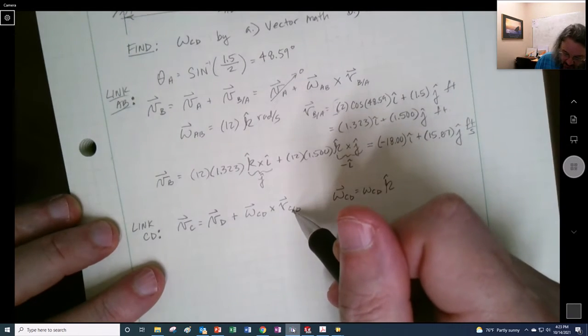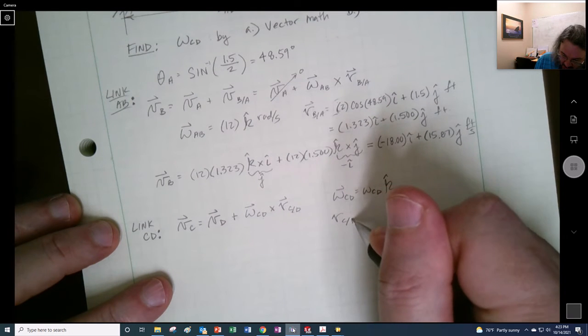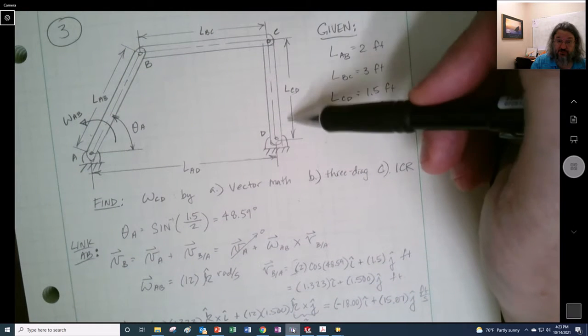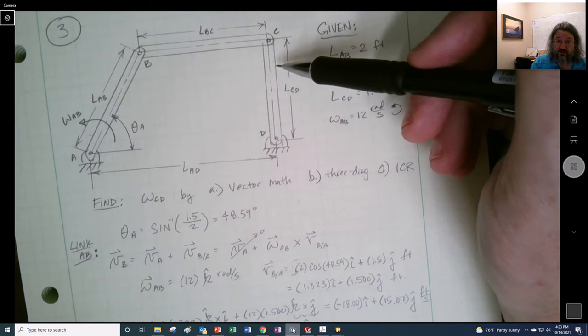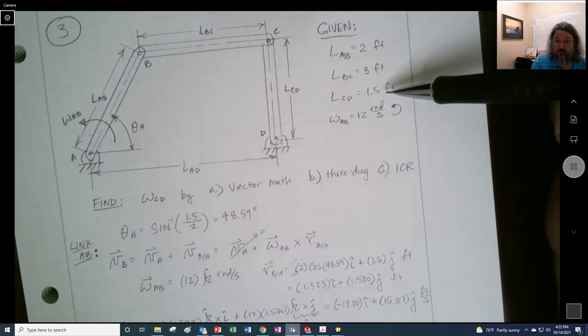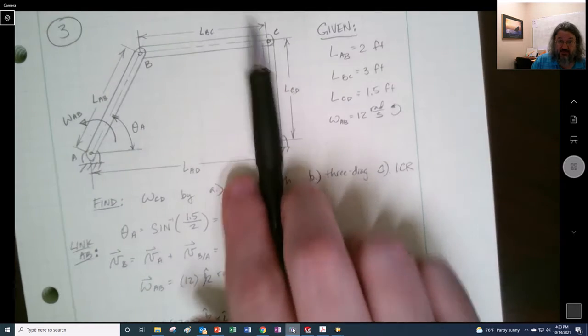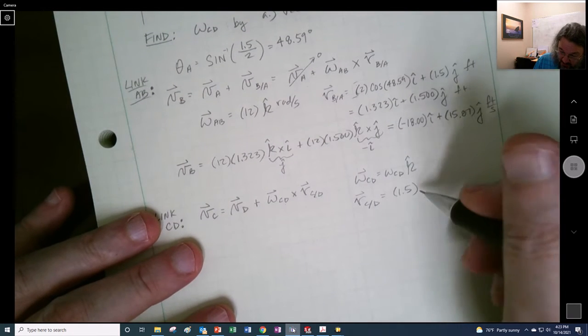And we can find RC with respect to D. We can even just write it out. RC with respect to D is just upwards, right? So it's just going to be J, so it's going to be 1.5 J. And it is C with respect to D, so it's looking at C, so it is going upwards. So it's just 1.5 J.